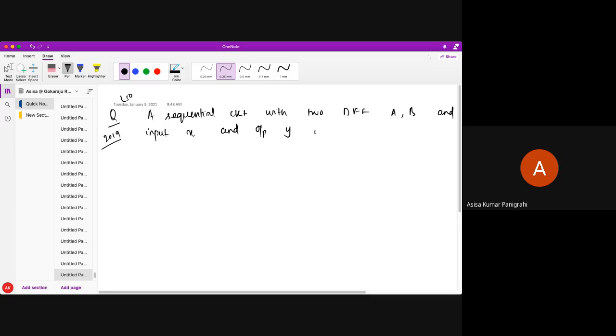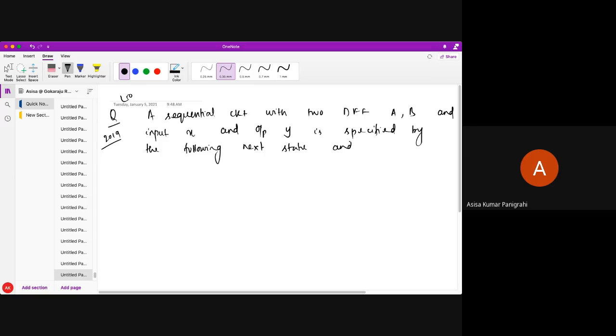Output Y is specified by... you cannot get this in the book, students, because in the book they have explained it in a very different way. You will not understand at all. That's why I'm making you understand here well.